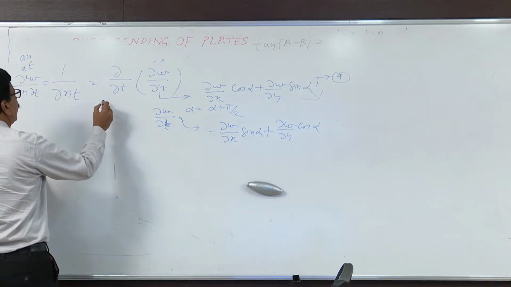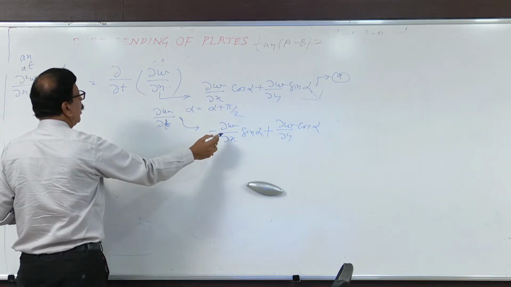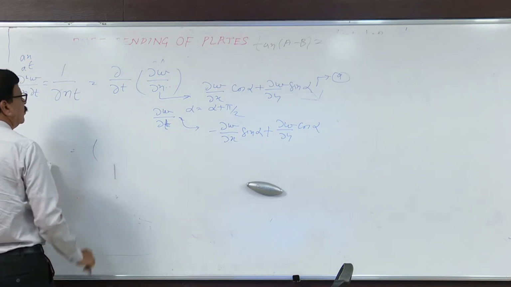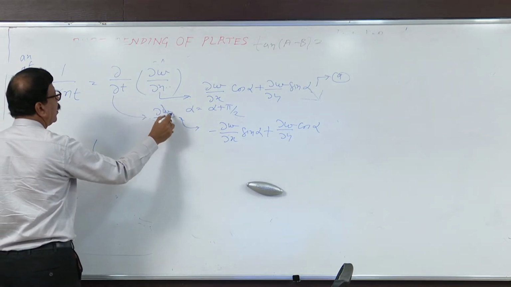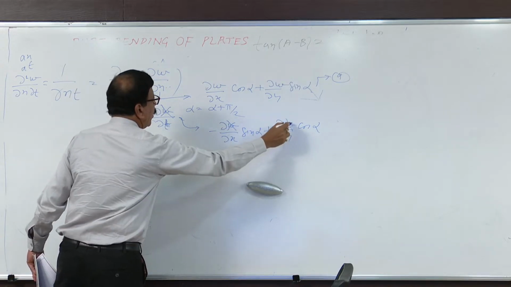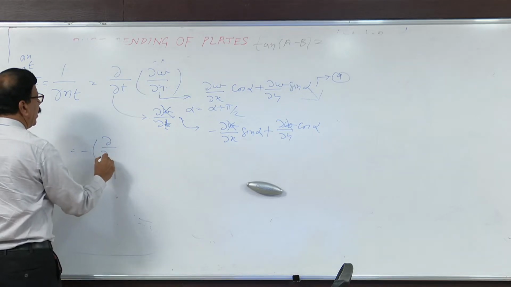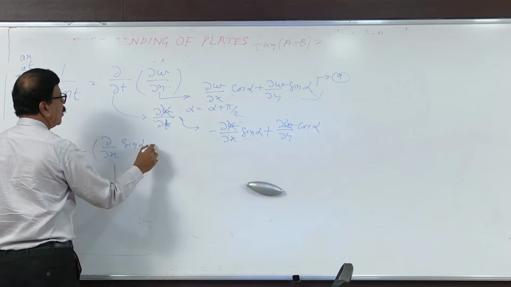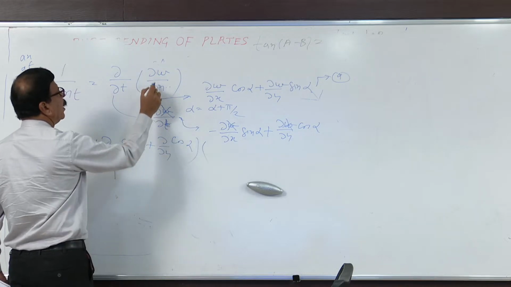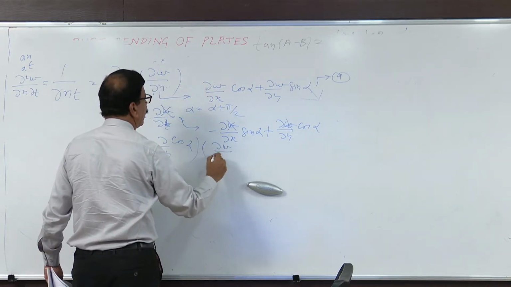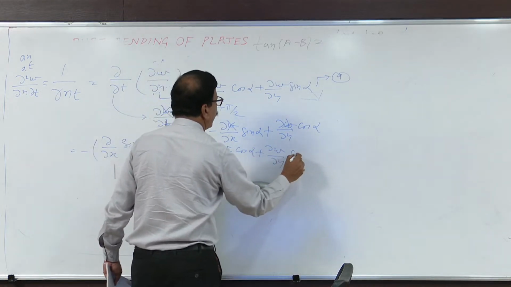Now, again you put the value here, ∂w/∂t, and here eliminate w. From here if you eliminate w, you can put ∂/∂t. So, it is ∂/∂x of sin alpha, ∂/∂y of cos alpha, and ∂w/∂n is here, ∂w/∂x cos alpha, ∂w/∂y of sin alpha.